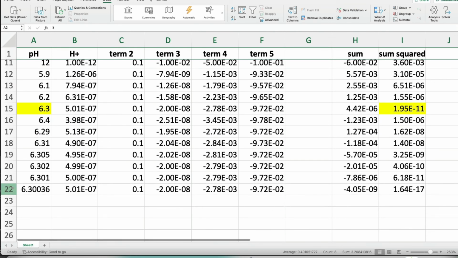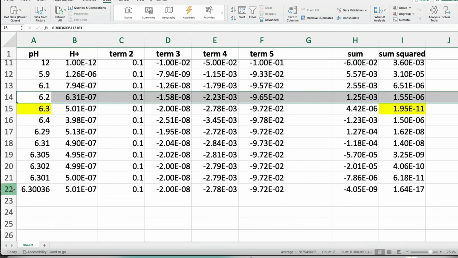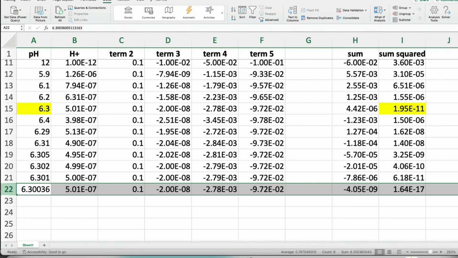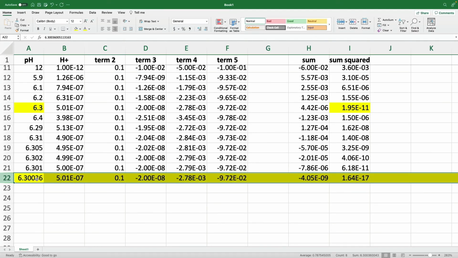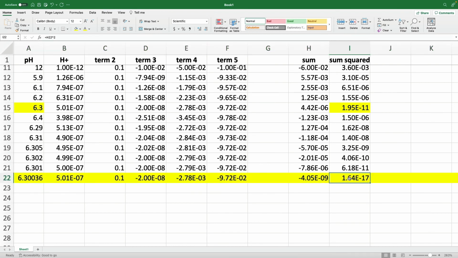When I did it, it found this value right here, 6.30036. So it was really close to 6.3. You can see that the sum squared is 1.64 times 10 to the minus 17th. So that is obviously a much easier way to do that.